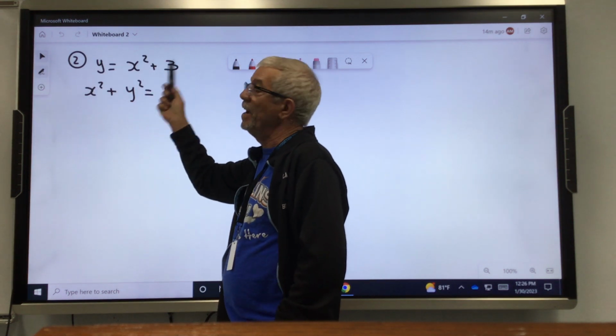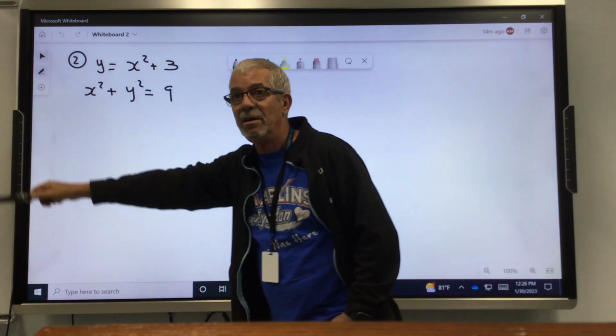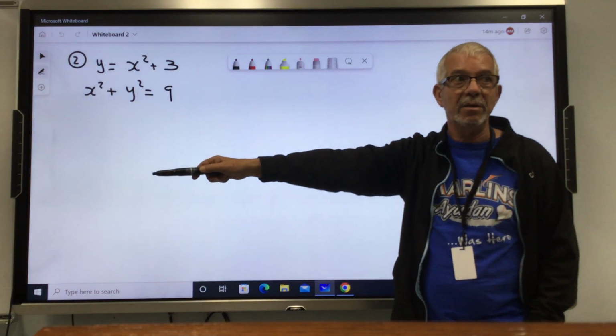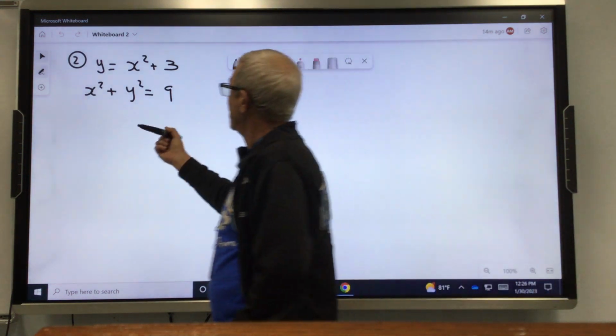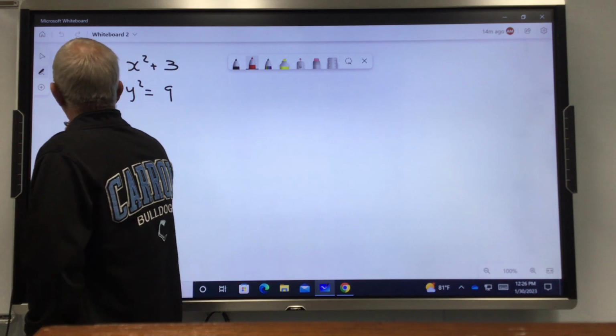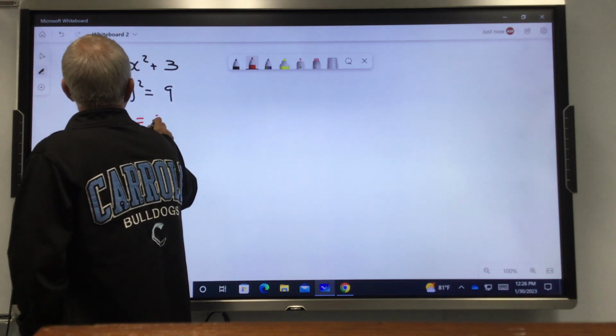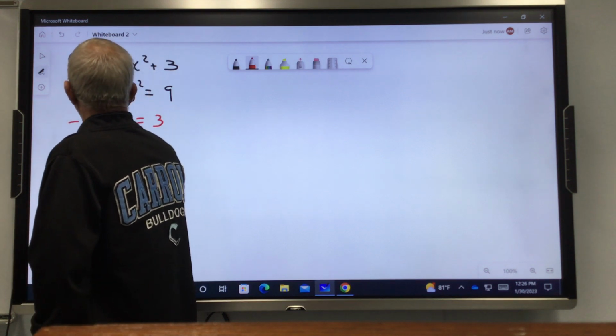Okay, then we need to move x squared to another side. If we move x squared to another side, it will be what? Negative x squared, no? Then, if we organize the equations, that will be negative x squared plus y equal 3. And the second equation, I don't have to do anything with that.